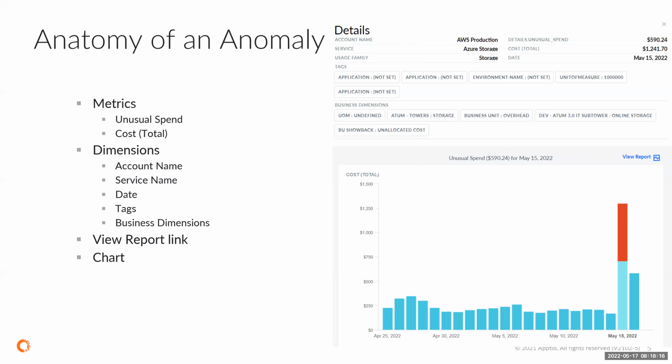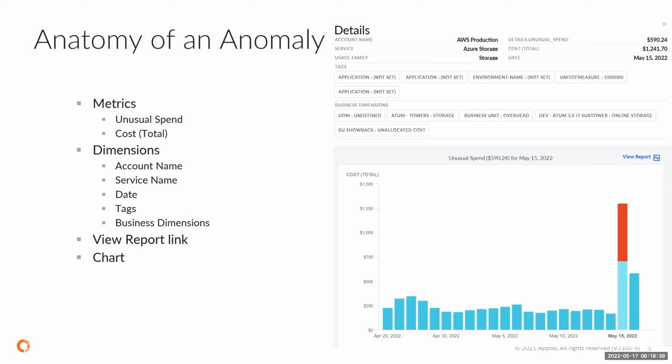Without seeing the actual anomaly, it's hard for me to explain. But my guess would be that we're seeing more than those 10 instances that they have provisioned, right? And that's part of the investigation that we can do. We should just click on that view report link and see what instances are there.